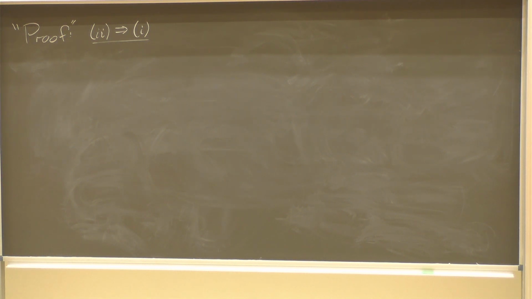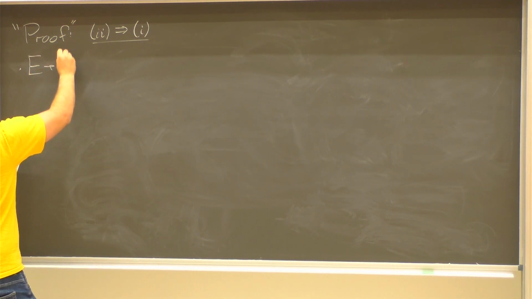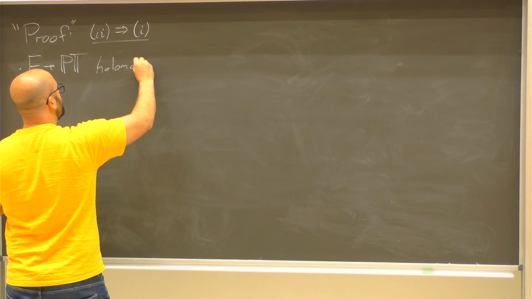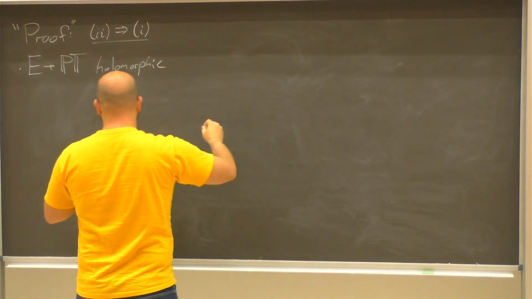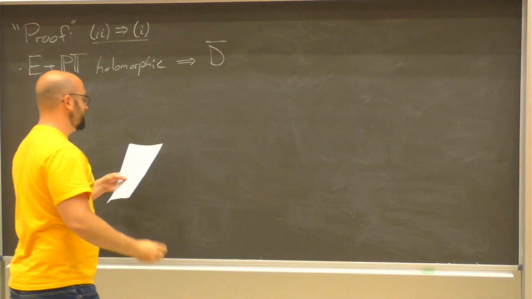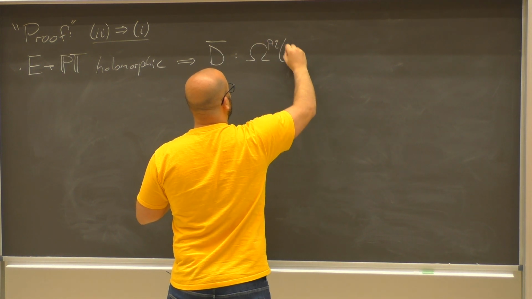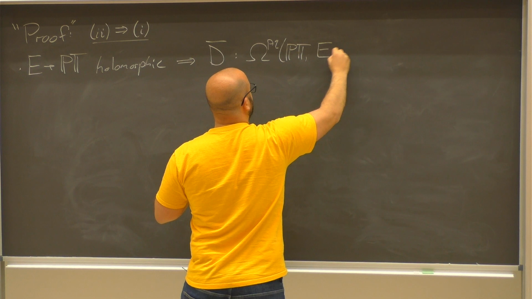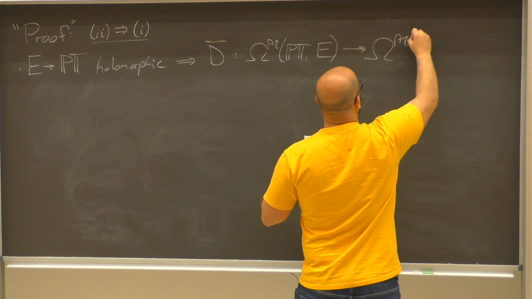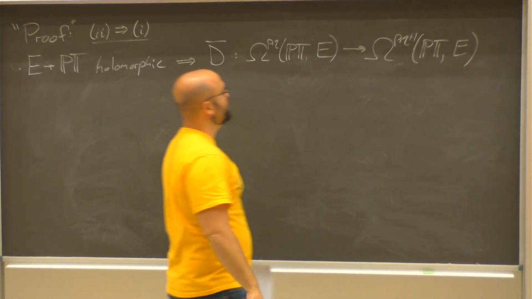Okay? So we have E over PT, which is holomorphic. So this implies the existence of an operator, I'll call it big D-bar, which takes (p,q) forms on twistor space, which are valued in this vector bundle, and sends them to (p,q+1) forms on twistor space, which are also valued in this vector bundle.